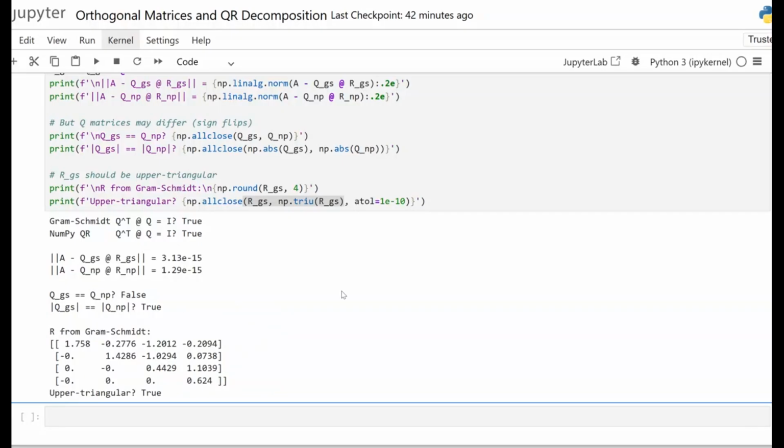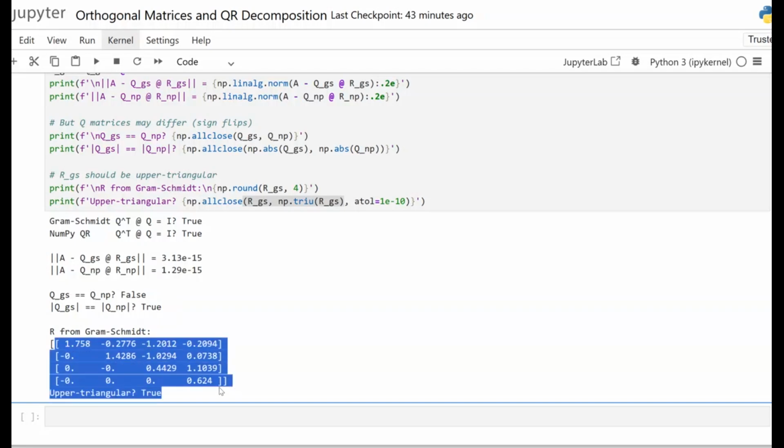The absolute values of the columns match, but signs may differ. This is the non-uniqueness of QR. Flipping a column sign in Q is compensated by flipping the corresponding row sign in R, keeping A equal to QR intact. And the R from Gram-Schmidt is confirmed to be upper triangular, as expected.